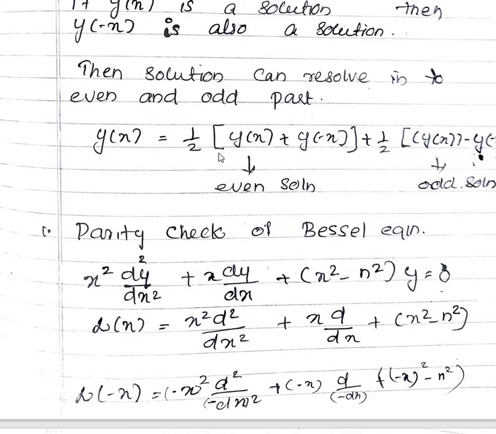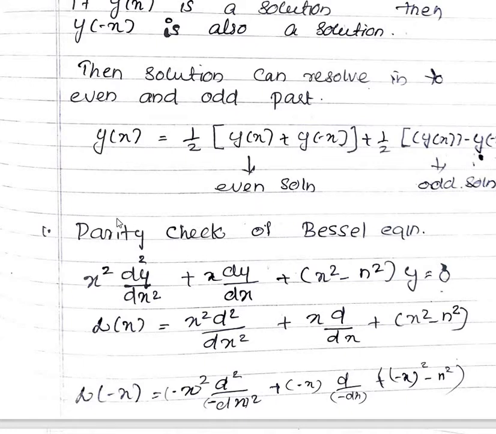If it has an even or odd parity, we can resolve the solution into an even part and an odd part. If the solution has a definite parity, we can resolve it into two parts, that is, an even part and an odd part.